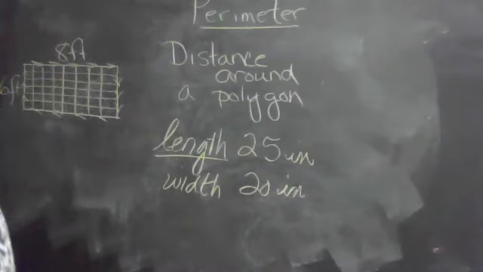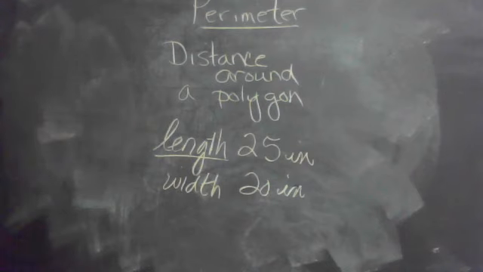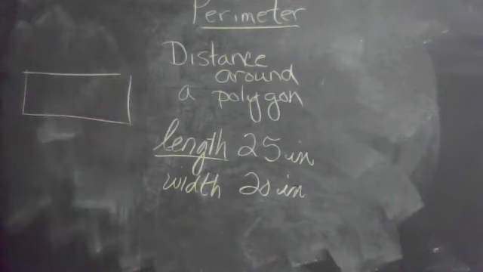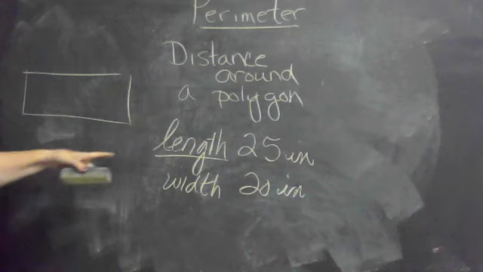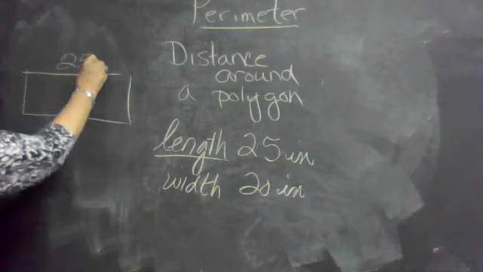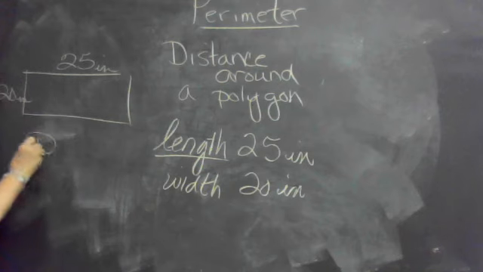Now already, this is one of those that I talk about. It doesn't show you a picture. So you should always just sketch yourself a picture. It says a rectangle. So just draw a rectangle. You don't have to be a fancy artist, okay? It says the length is 25 inches, so you put that on there. It says the width is 20 inches. And they want you to find the perimeter.